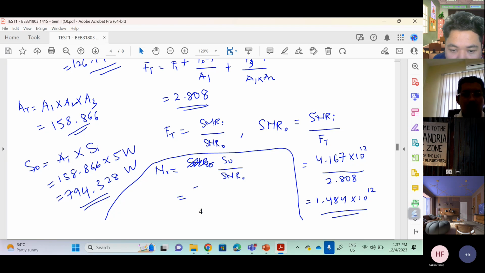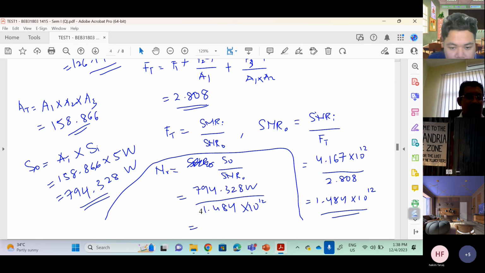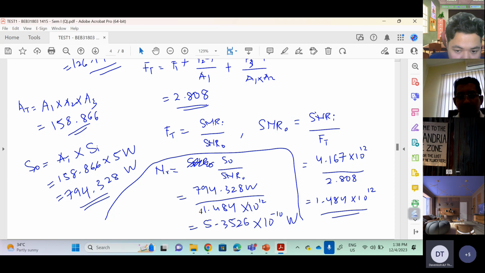So SO adalah 794.328 watt dibahagikan dengan 1.484 kali 10 kuasa 12. Ni sama-sama bantu saya, so 794.328 bahagikan dengan 1.484 eksponen 12, so you akan dapat 5.3526. Betul ke? Ada yang boleh bantu? Betul, Doktor. Okey.